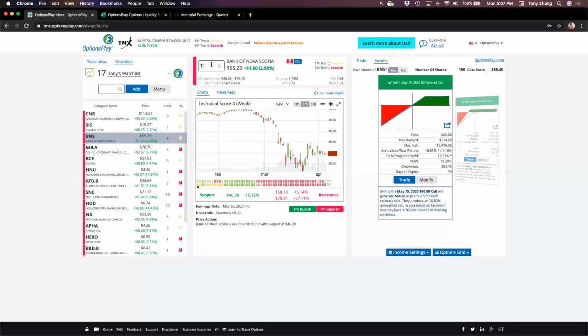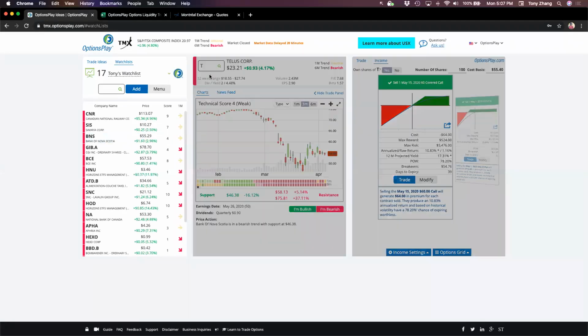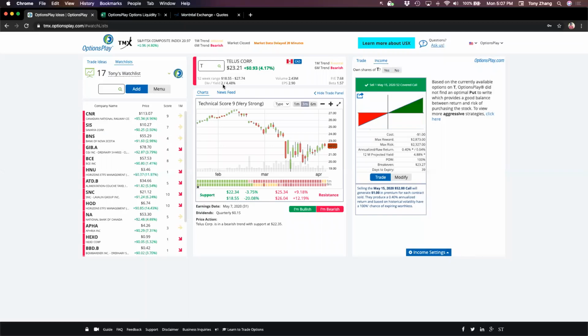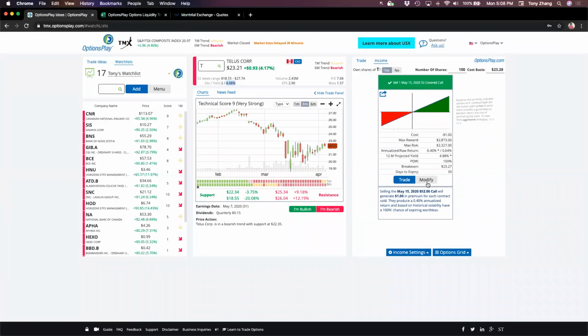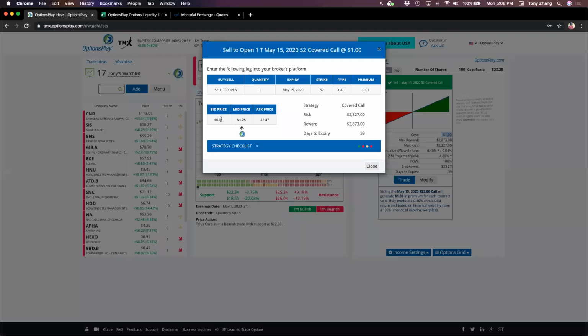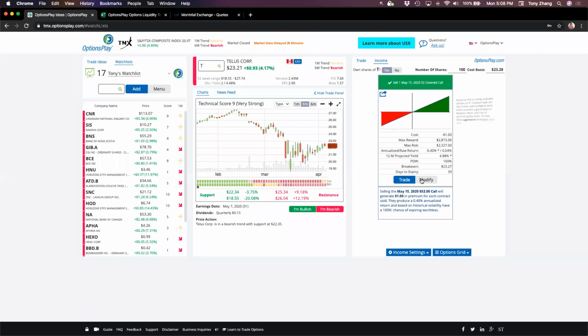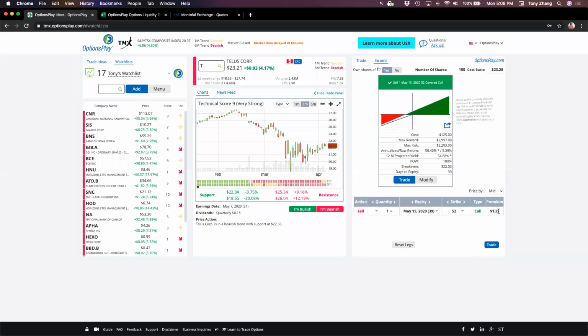And maybe on some of the other stocks, maybe you have a lower dividend yield. Let's say on TELUS, you have a 4.4% dividend yield. TELUS in this particular case, one thing I do notice that it says $1 in income, but my guess is because the bid-ask spread here is so wide. So I wouldn't rely on this after hours quote right now unless you want to use the midpoint.